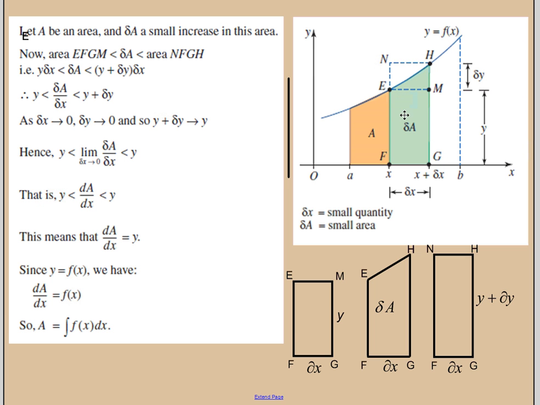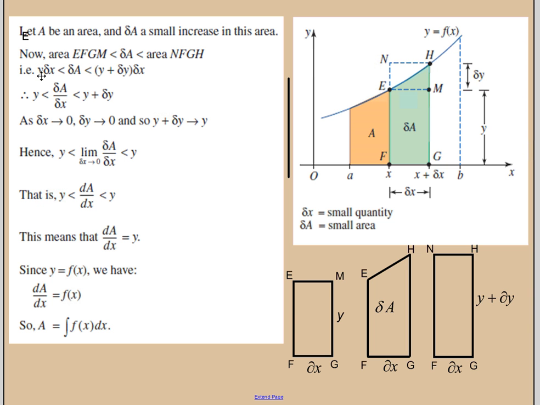Now, the actual area delta A is essentially a trapezium, as we can see here, and the larger rectangle still has the same width, namely delta x. But if we take this point, MG is the same as EF, so it's y. The smaller increase between M and H we'll take as delta y. So its side length is y plus delta y, and its area is delta x times y plus delta y.